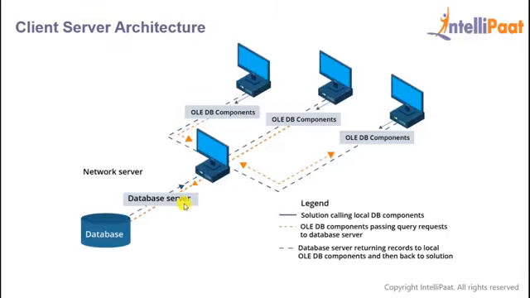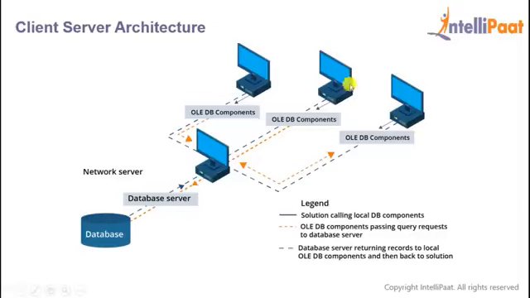Now, let's look at client server architecture. So we can see that there are three client components, or in other words, they are just client systems or the user systems. So we have just shown three over here, but there can actually be n number of systems accessing the database at the same time. So let's say you're logged into the IRCTC website and want to know the number of trains running from one place to another place.